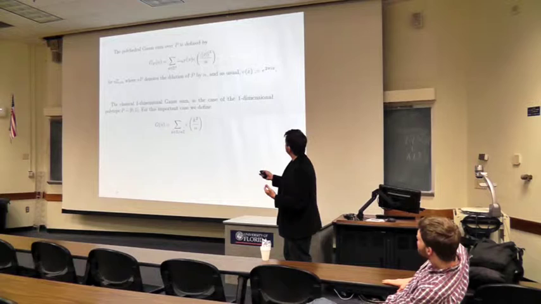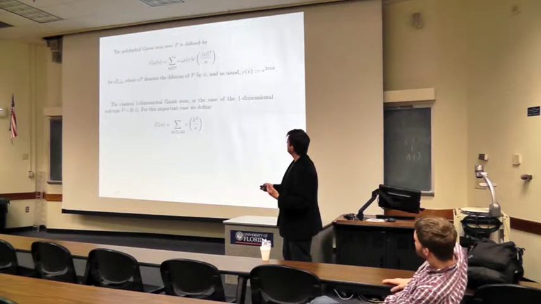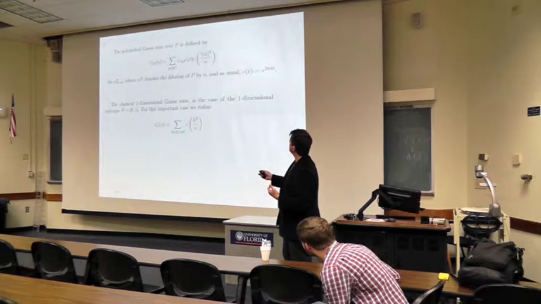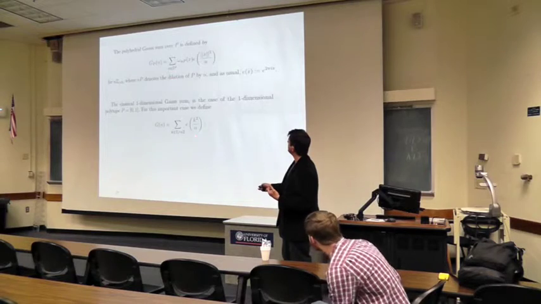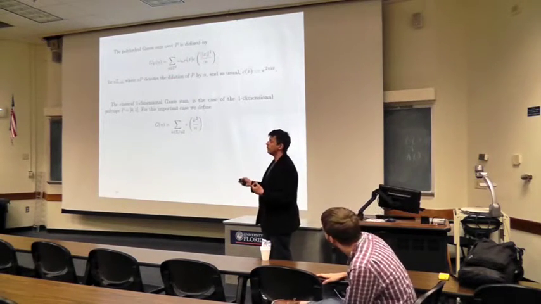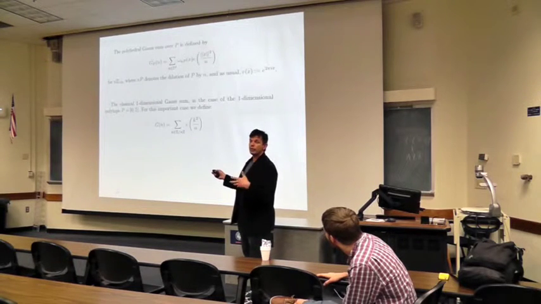So when P is the unit interval and you dilate P by n, you get this. In the case of a one-dimensional unit interval, the polyhedral Gauss sum becomes the classical Gauss sum, and then you can extend it to any polytope. Extensions were studied before, by the way, for parallelepipeds.